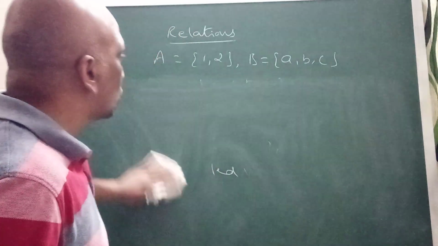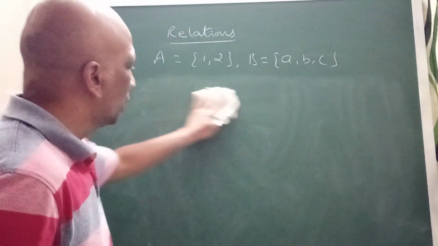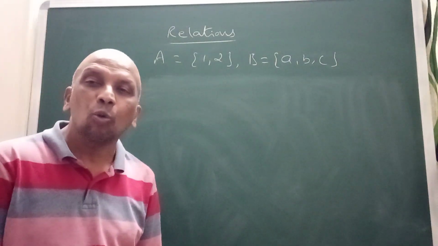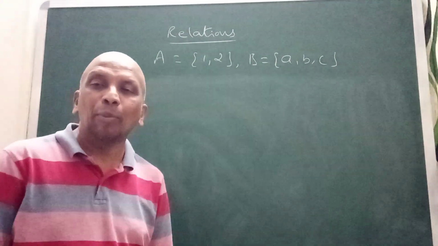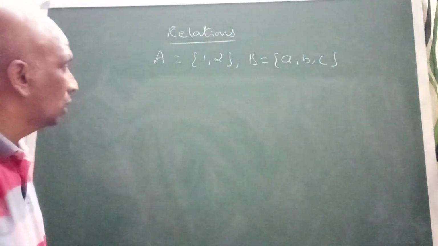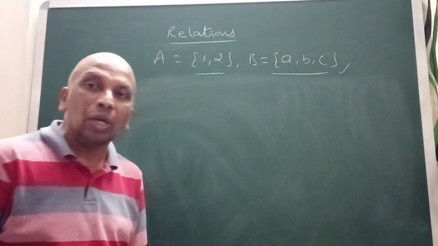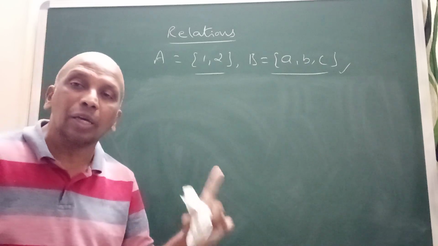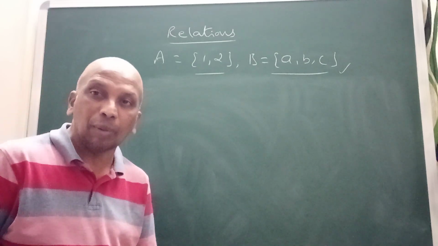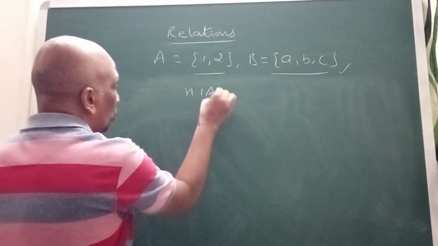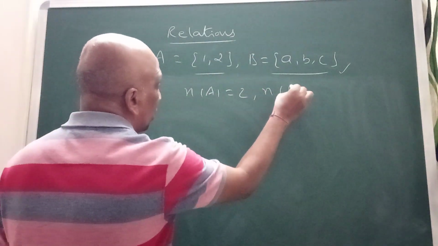Now, when I am talking about relations, we will also discuss what is a domain and what is a range. Before that, suppose A is {1, 2} and B is {A, B, C}. I told you every subset of A cross B is known as a relation. Suppose A has 2 elements and B has 3 elements.